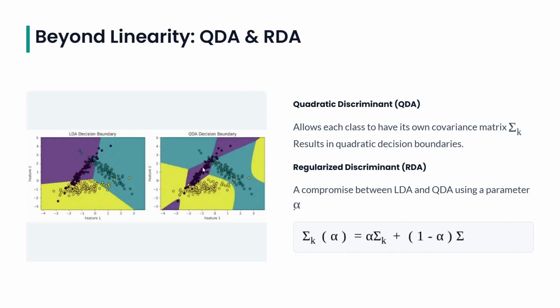You can see here, as there are many different decision boundaries, here you can see only linear. Now regularized discriminant analysis, RDA, is a compromise between LDA and QDA using a parameter alpha. So here we are taking both QDA and LDA and combining them through alpha as a parameter. So this is regularized discriminant analysis.